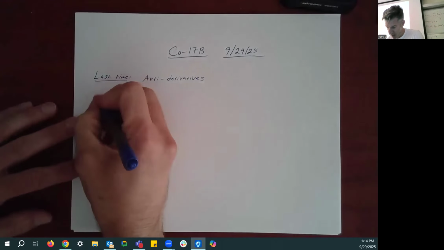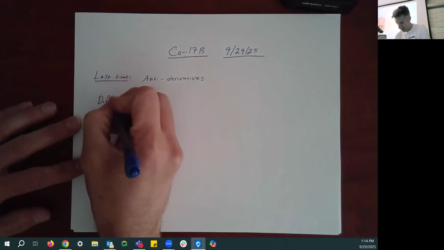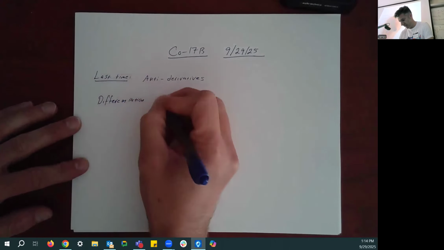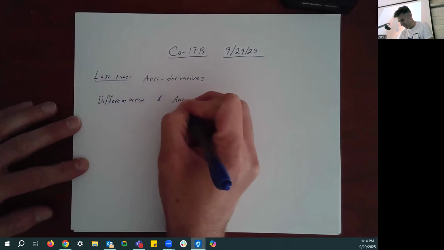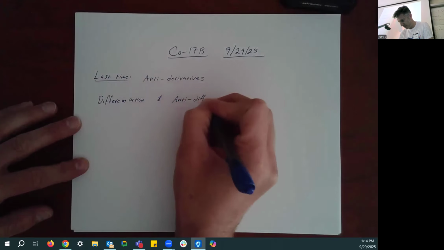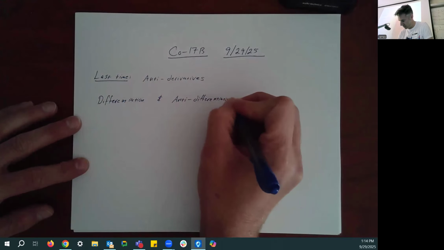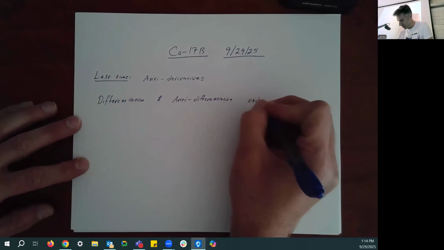What I would really stress, the important crux of knowledge here, is understanding that these two operations undo each other. Differentiation, in fact, I should write this down. Differentiation and anti-differentiation, so many letters, undo each other.